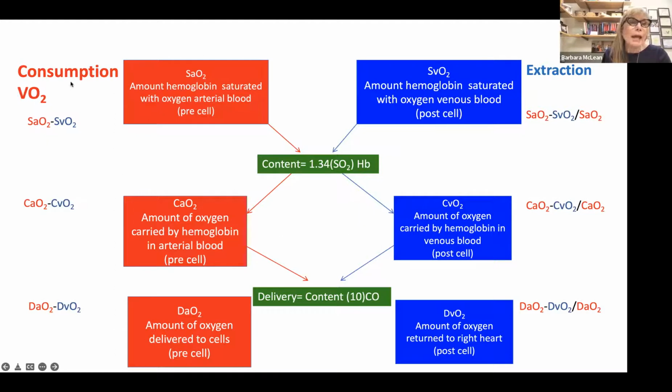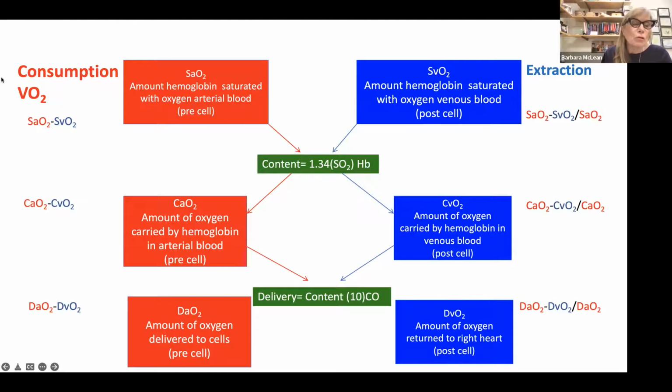So by the way, consumption, the easiest thing to do at your bedside, you don't have to have a measurement for cardiac output, is just to look at consumption, which is VO2, that's consumption per minute, and take SaO2 minus SvO2. That's going to tell you about consumption. If I want to look at extraction, it is SaO2 minus SvO2 divided by SaO2.